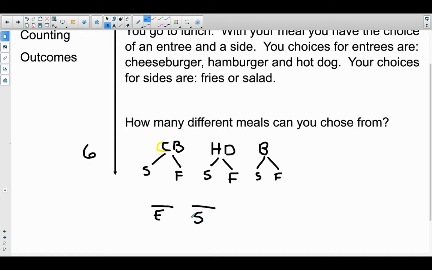If I take my number of entrees, 1, 2, 3, and multiply it by my number of sides, in this case 2, I get 2 times 3, which is 6 possible combinations, or 6 possible outcomes. That's what the counting principle does. It gives you a mathematical way to determine your number of possible outcomes.